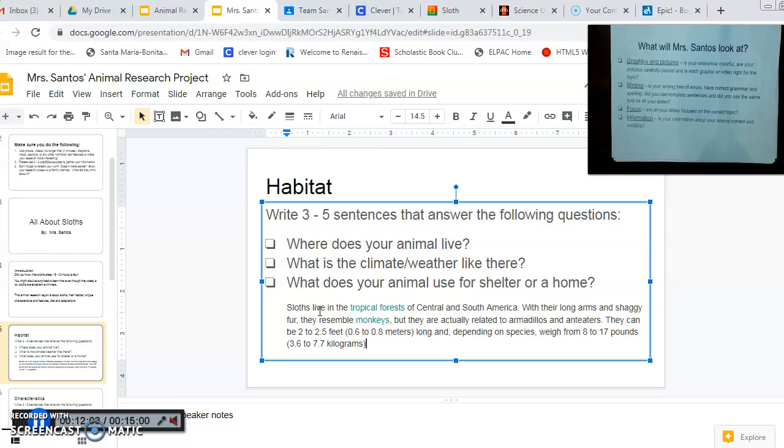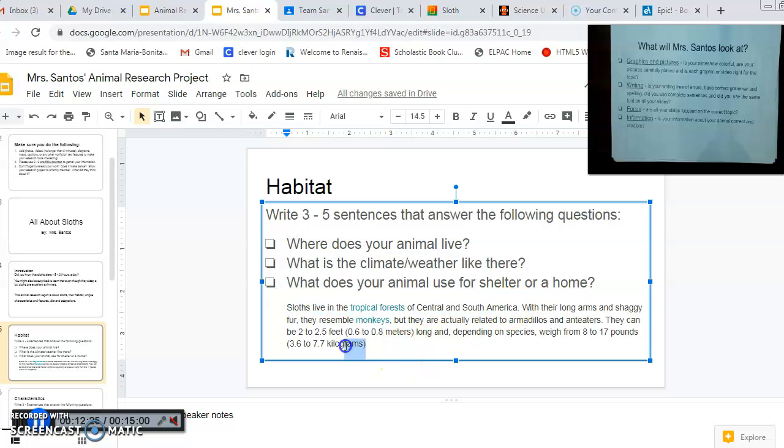You are smart enough, boys and girls, and bright enough, and you're the best. You are able to read that information and change it into your own words. So where it says habitat, I see here, sloths live in the tropical rainforests of Central and South America. How can I change that to make it fit?